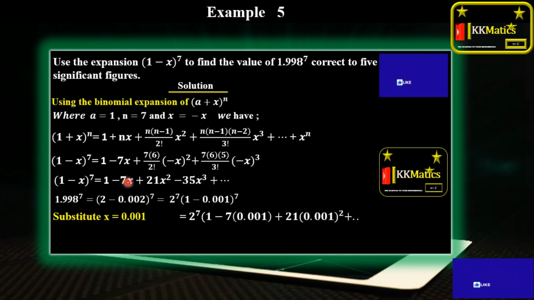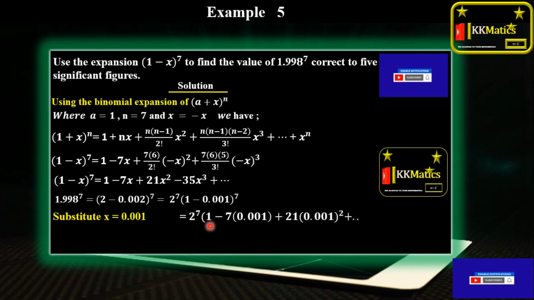The x value here is 0.001, so we just replace the x with 0.001. Then we have 21 multiplied by the x value, 0.001, all squared. And this goes on and on, but we don't want to focus on the terms that follow after.